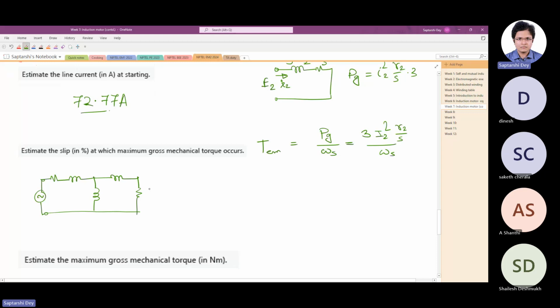What should be its value so that it dissipates the maximum power? So this becomes a maximum power transfer theorem. So you have to Thévenize the source impedance. If the source impedance equals the load impedance, we have maximum power dissipation in the load. So we have to Thévenize the circuit, how it looks from here.